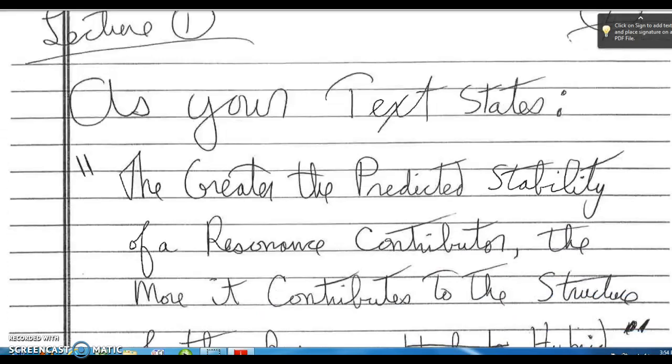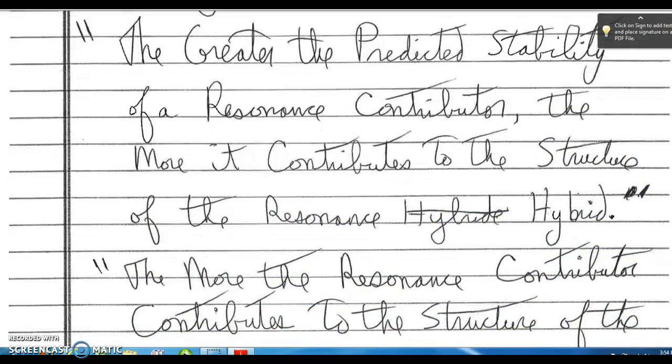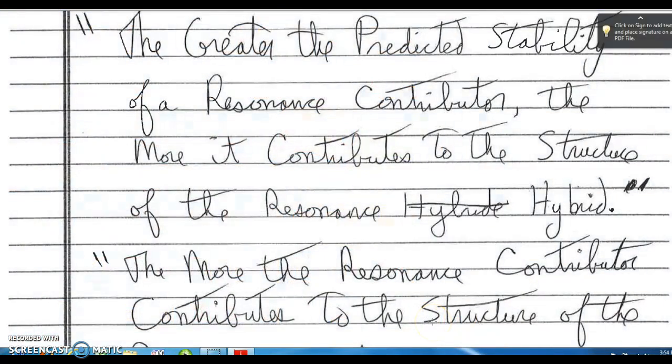As your text states, the greater the predicted stability of a resonance contributor, the more it contributes to the structure of the resonance hybrid. Some resonance contributors are very minor because they're not very stable.